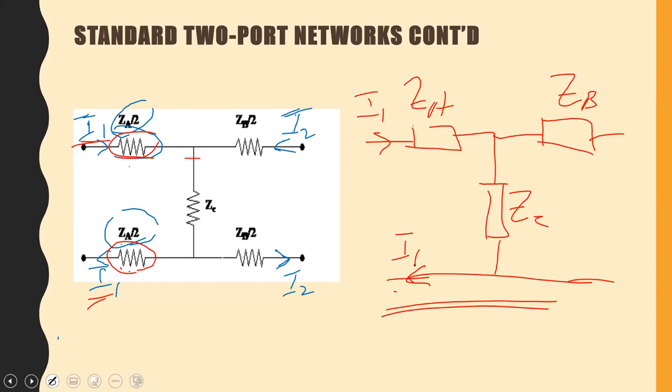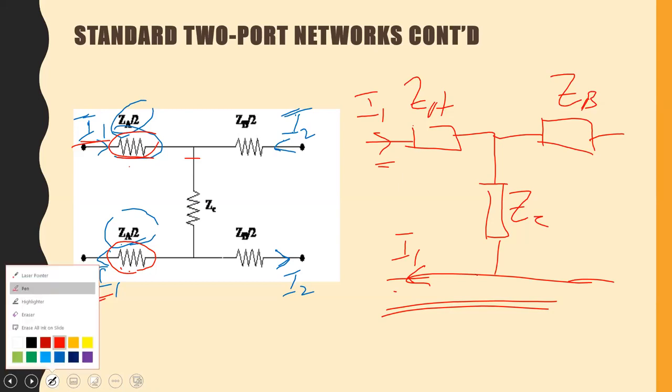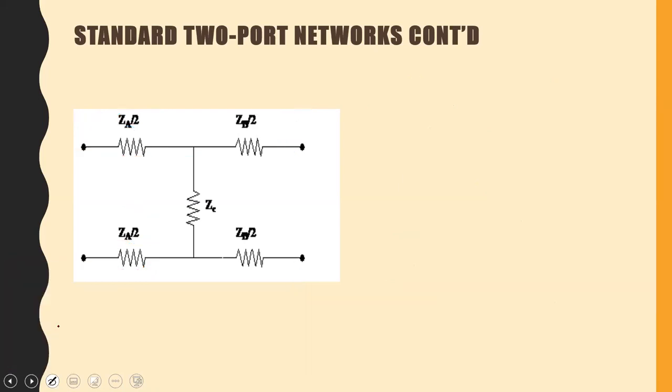Yes? It's the return path for the upper terminal. Fair enough? But it would not be experiencing the same impedance on this lower terminal. So that's why we say it's unbalanced. But the balanced T network would have the impedance split on these two terminals, and also on those two terminals.